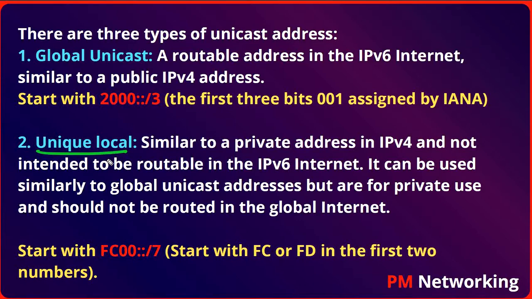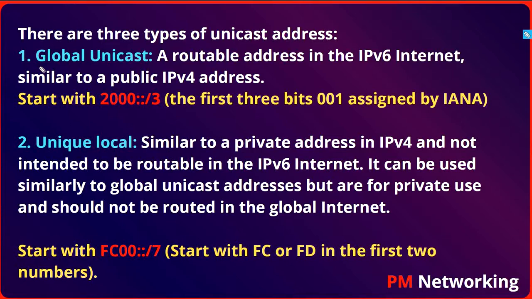Whenever you configure any IPv6 address on an interface, the device will automatically assign a link local address. So we will discuss how a device will calculate link local as well. So first of all, understand there are 3 types of unicast address in IPv6: global unicast, unique local, and link local.